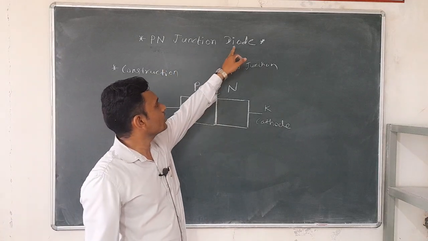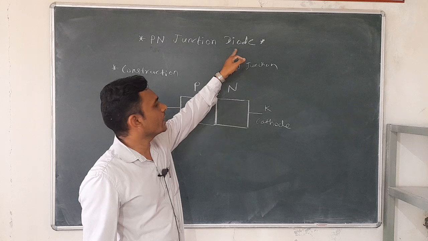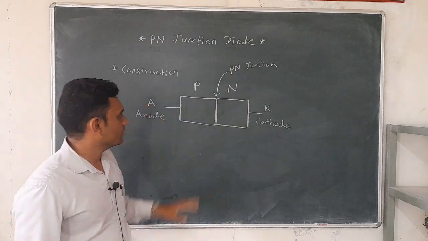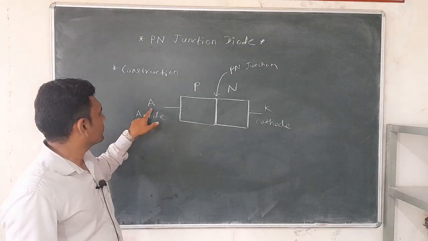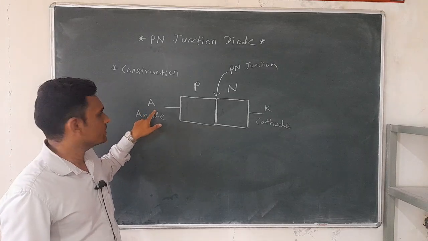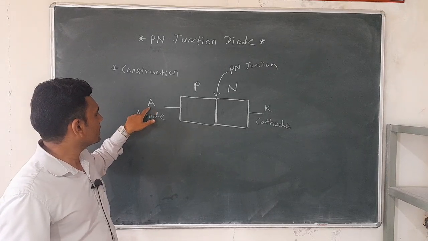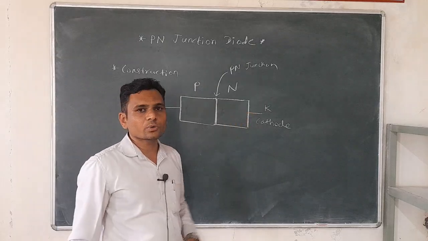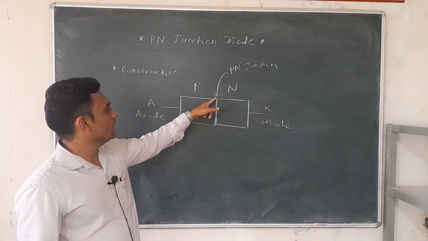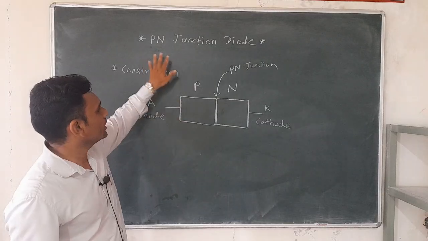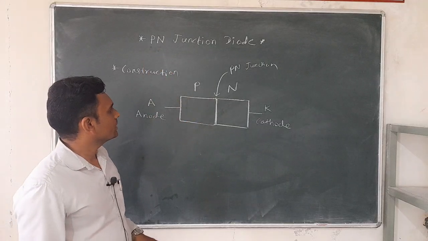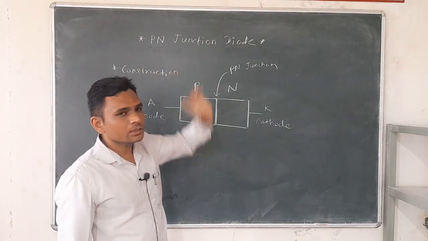Diode means two electrodes, that is, this device has two electrodes. Electrodes means terminals. The two electrodes are anode and cathode, and it has one junction, the PN junction. Therefore the name given to this device is PN junction diode.